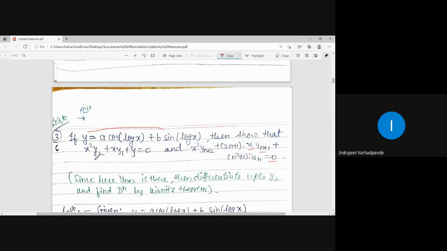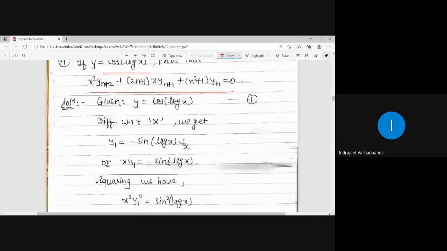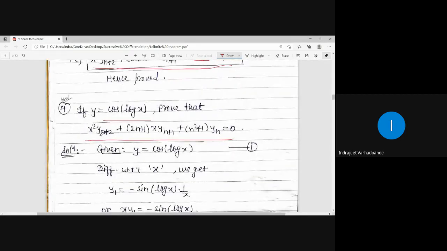Applying the Leibniz theorem to this result, we got this result. So now we are given only this result.